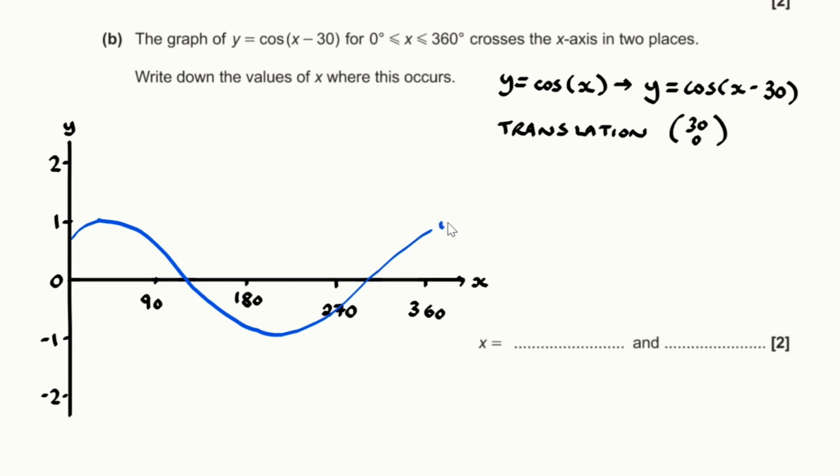So here we've got the graph of y equals cos of x minus 30. It's been shifted 30 to the right. So here, where it crosses, I add on 30 to this to get 120, and I add on 30 to this to get 300. So it crosses the x-axis at 120 and 300.